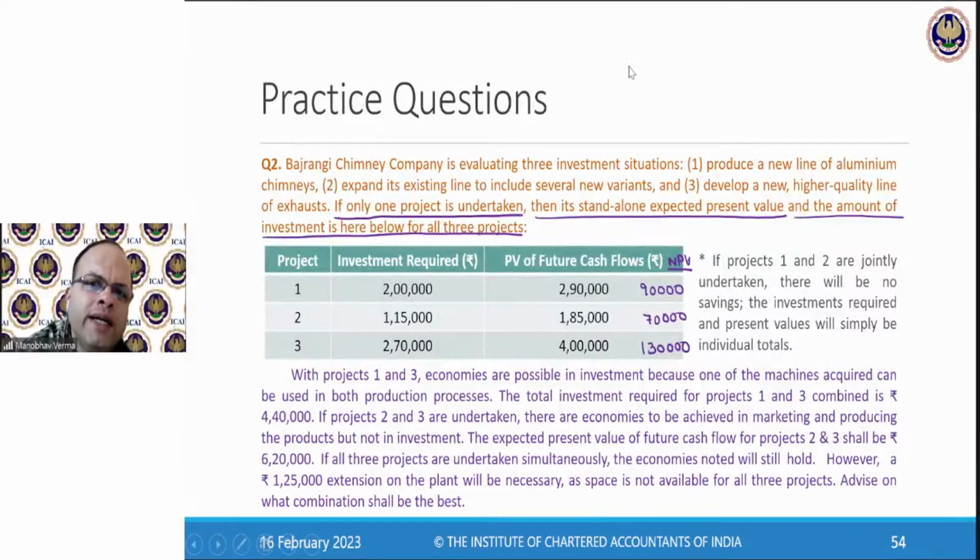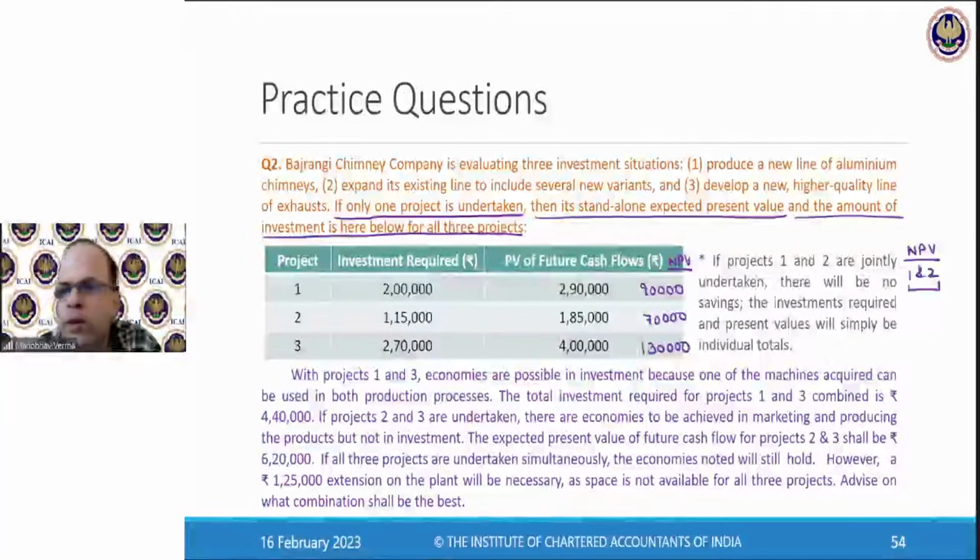So if projects 1 and 2 were taken together, what will be my NPV? If 1 and 2 are taken together, NPV would be just the total of the two NPVs, 1,60,000, guys. Make sense to all of you? Because they're saying that there is no savings here.